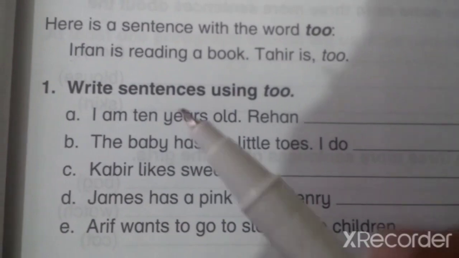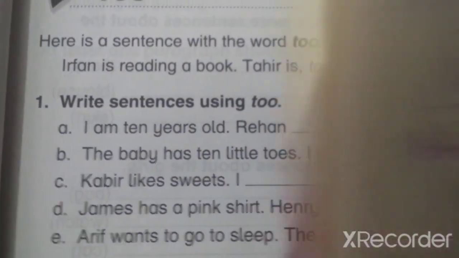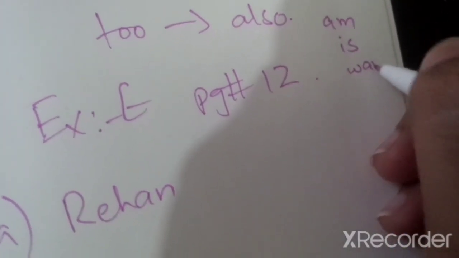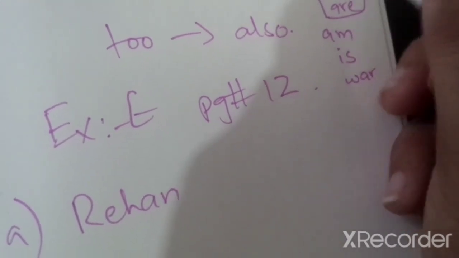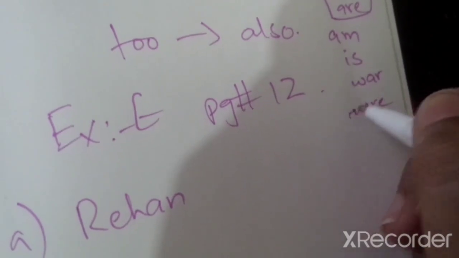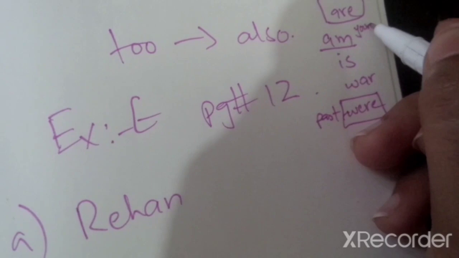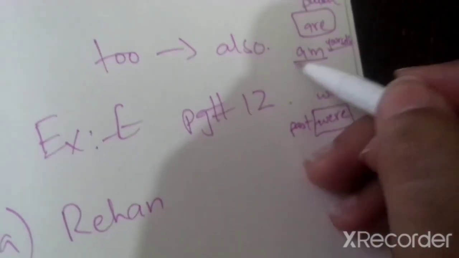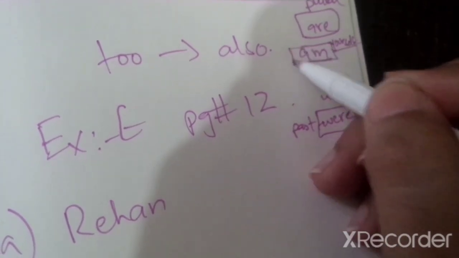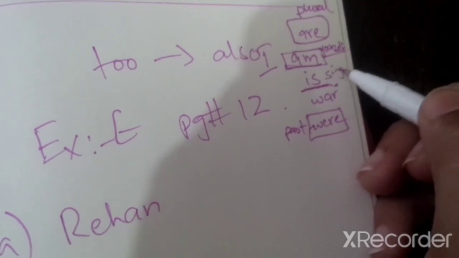So for Rehan, now I have told you so many times, when we are using auxiliary verbs, there are 3 types. See, am, is, was, and are. Are is used for plural, hence were is also used for plural but in past tense. Am is always used with the pronoun I. And is is used for something singular that you're talking about.